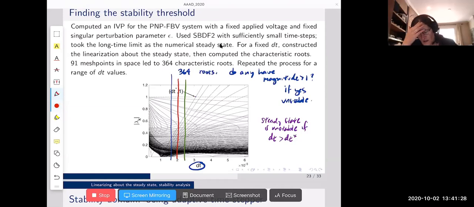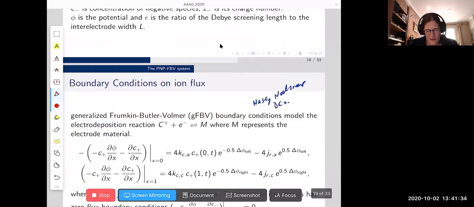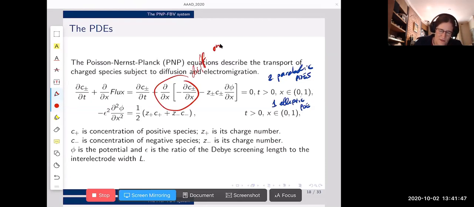One of the reasons this was interesting is that the entire reason I needed to do the semi-implicit time stepper is I have a diffusion term, and I have a nonlinear term.